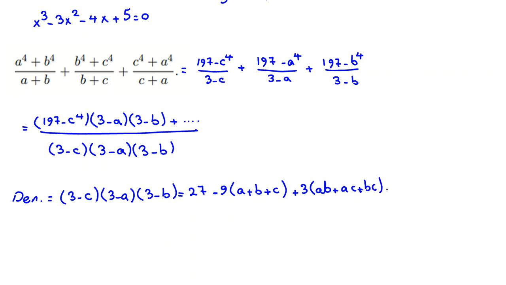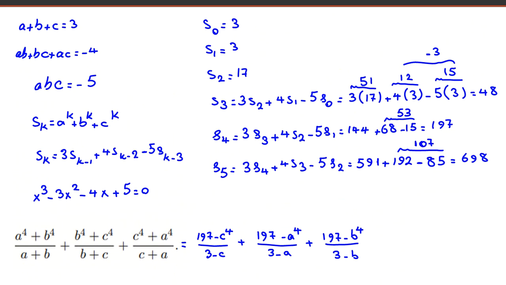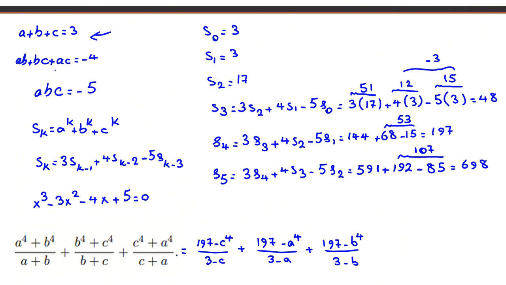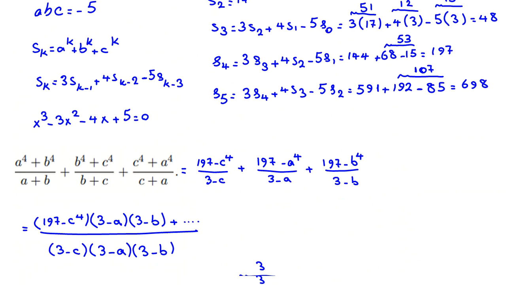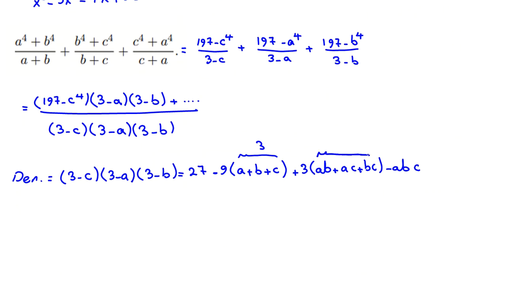Minus a, b, c, it will be negative abc. a plus b plus c is 3, ab plus ac plus bc is negative 4, and abc is negative 5. Let's replace them. If we calculate this one, 27 minus 27 will be cancelled, it will be negative 12, minus 5 plus 5, negative 7. So we found the denominator is negative 7.